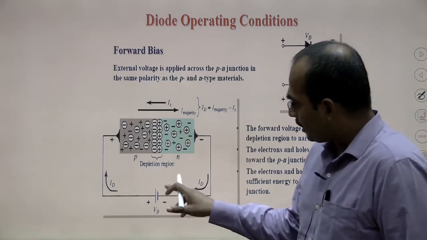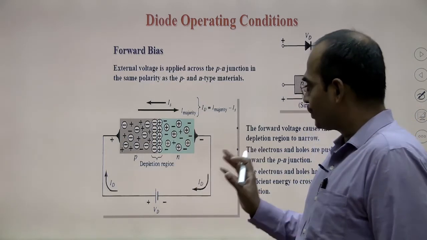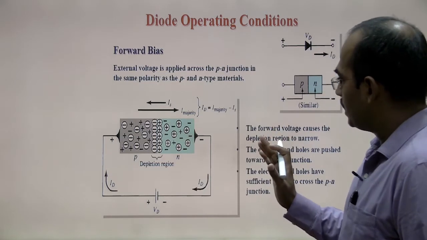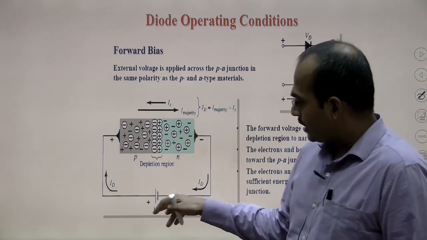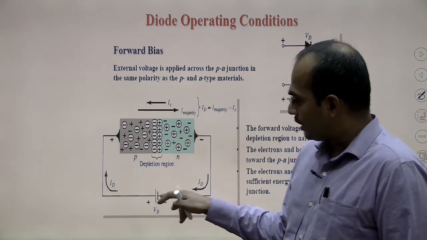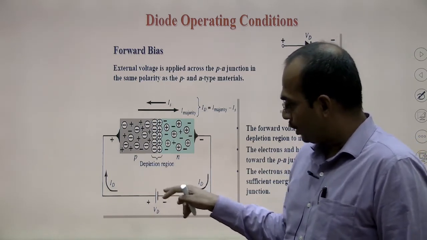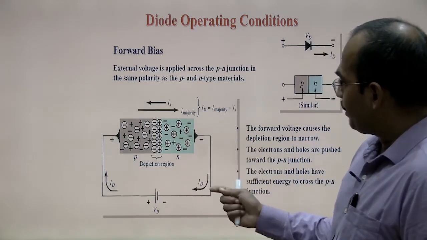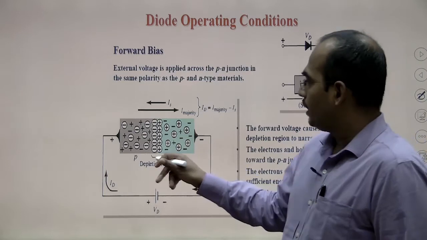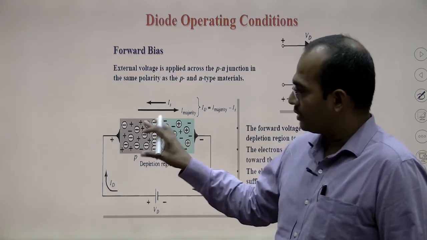The negative terminal will start pushing the electrons towards the n side, and the positive terminal of the external voltage source will repel the majority charge carriers of the p side of the p-n junction diode.